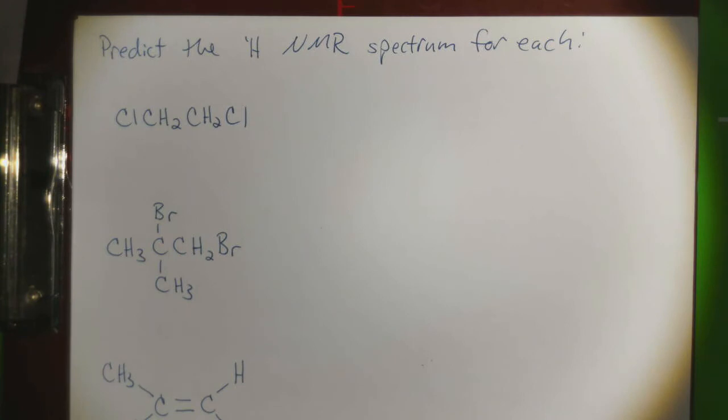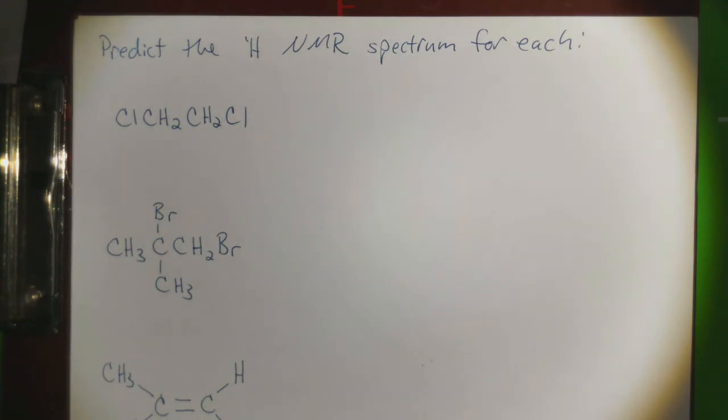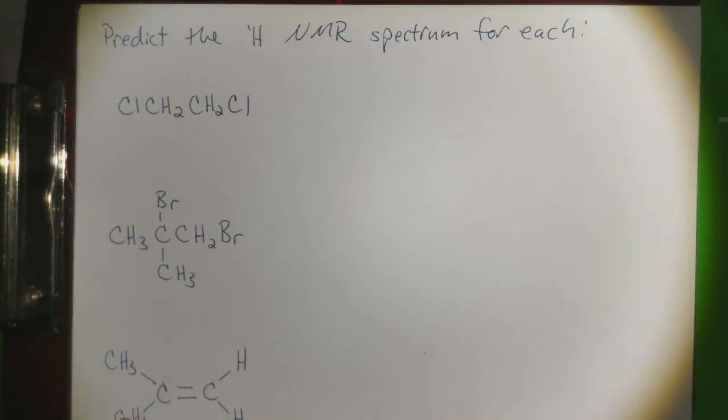So again, the splitting occurs between non-equivalent protons that are either on the same carbon, which we can see in the case of geminal alkenes, and I'll get to those. These are geminal, but these happen to be equivalent. If this was a bromo group down here instead of a methyl group, then these two wouldn't be equivalent, and then they would split each other.